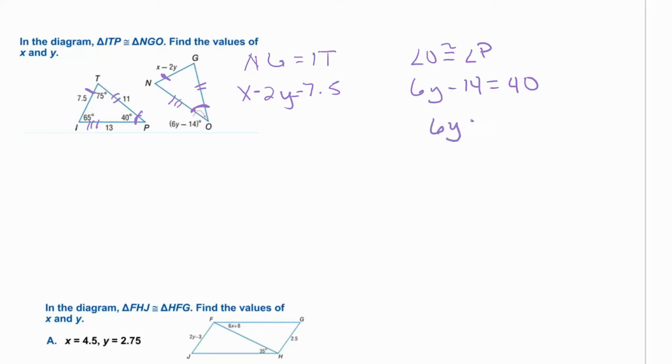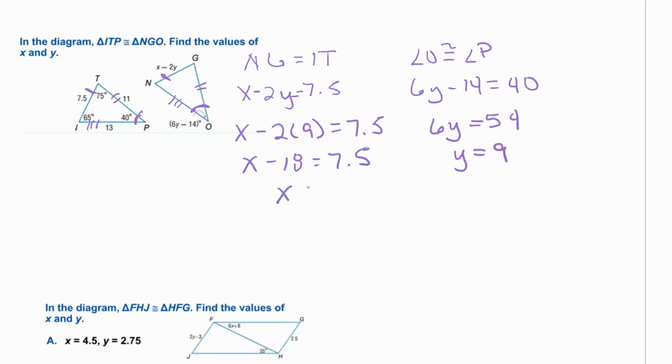So 6y equals 54, and y equals 9. Plugging it back into our first equation, we have x minus 2 times 9 equals 7.5. So x minus 18 equals 7.5, so x equals 25.5. And we solve for both of the variables.